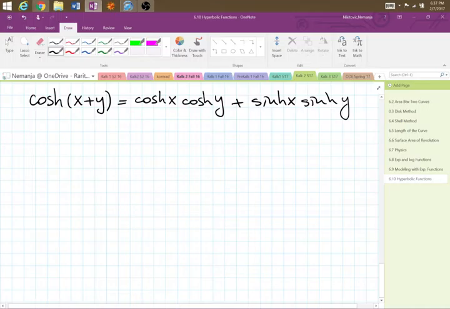Okay. So the left-hand side is going to be e to the x plus y plus e to the negative (x plus y) over 2.